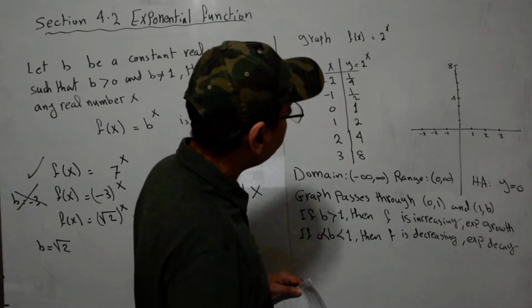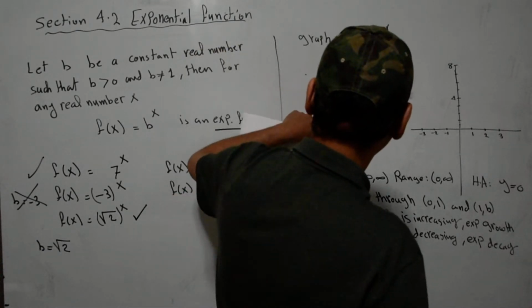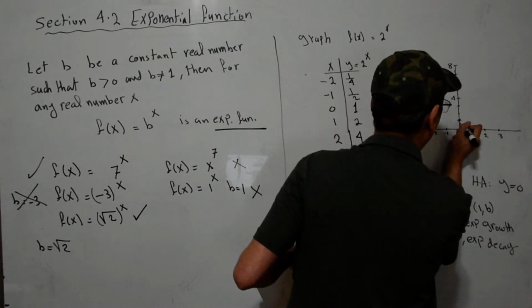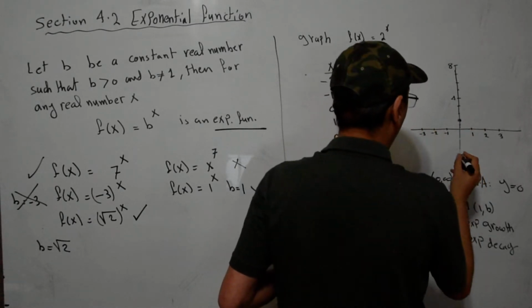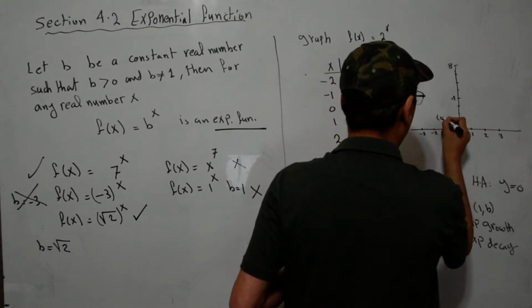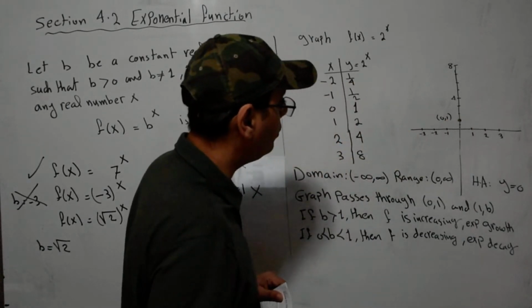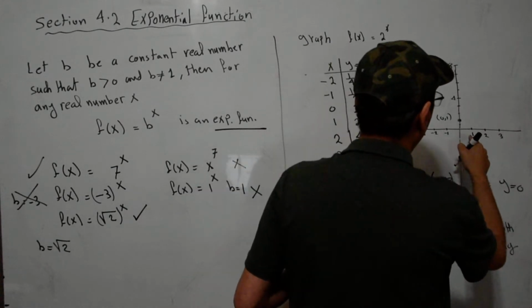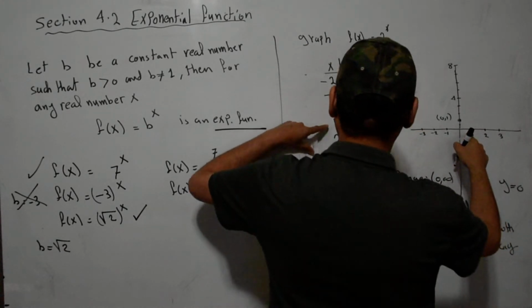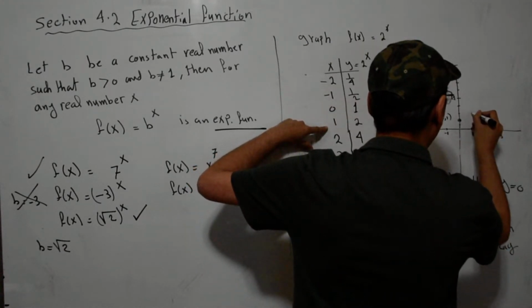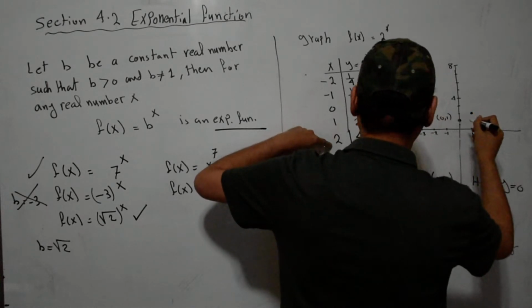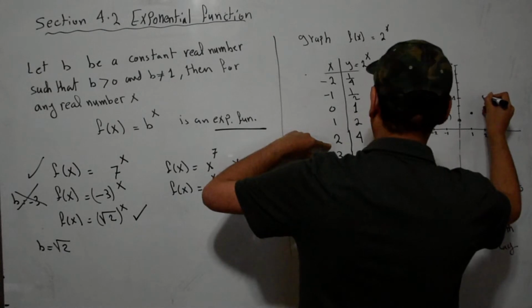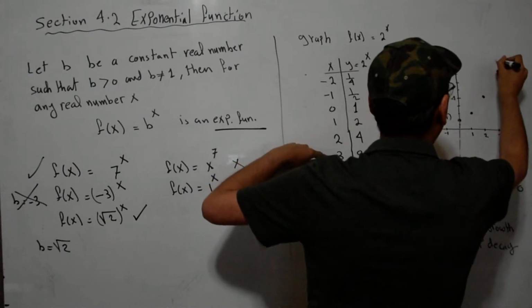Let's get the first point. I start with 0 and 1. I'm going to write this point here, 0 and 1. And then I have 1 and 2, 2 and 4, and 3 and 8.